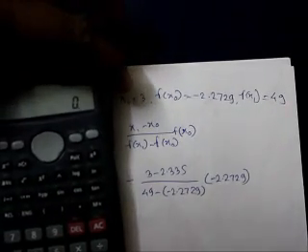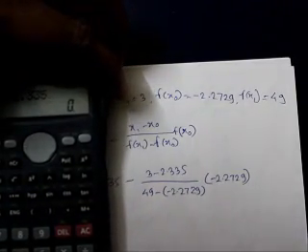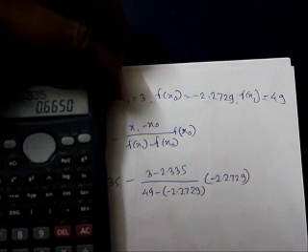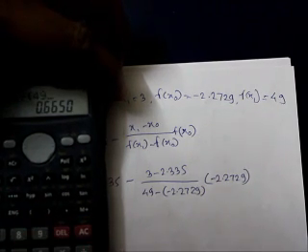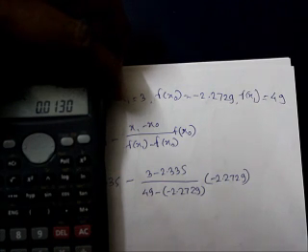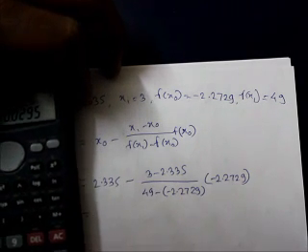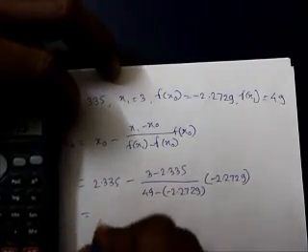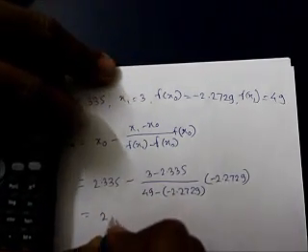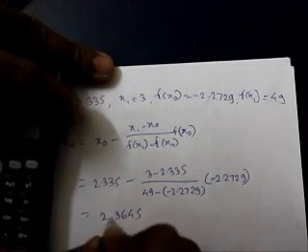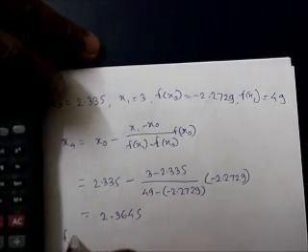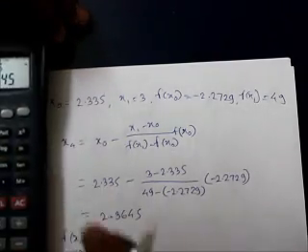Let me go through that once again. 3 minus 2.335 is 2.3645. Right, let's find out what f(x4) is.